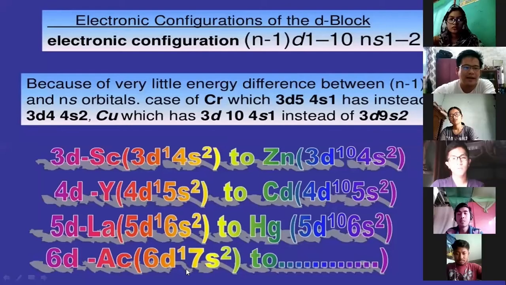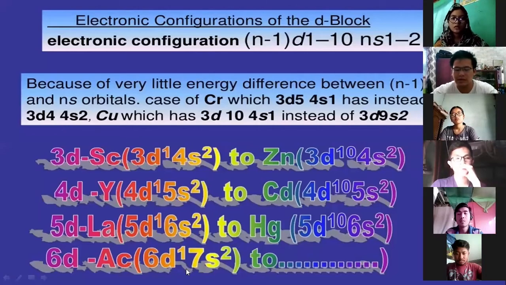Therefore, they will have (n-1)d ns 1 to 2 electronic configuration. So try to remember this electronic configuration.